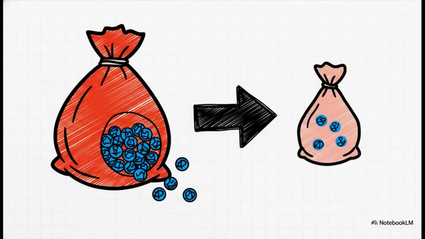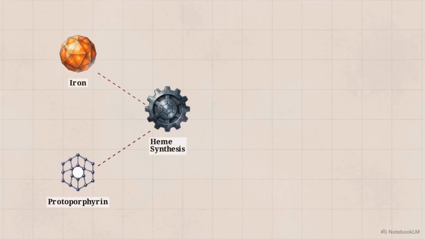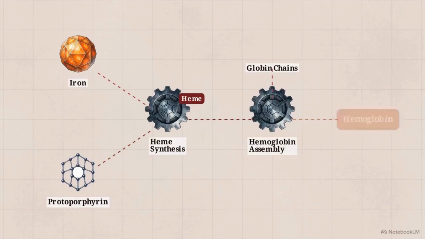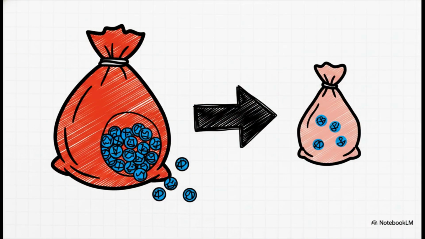A good way to visualize this is to just think of red blood cells as little biconcave bags of hemoglobin. Hemoglobin is that vital protein that not only carries the oxygen, but also gives the cell its rich red color and its physical volume. So when hemoglobin synthesis is impaired, really for whatever reason, the body essentially builds a smaller bag with less pigment inside.